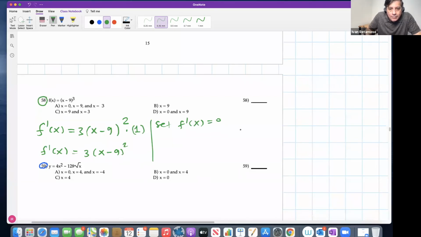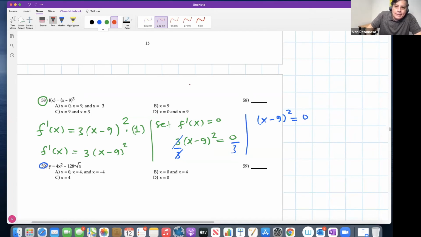When you set your derivative equal to 0, you're going to get this. 3 times x minus 9 squared equals 0. Dividing both sides of this equation by 3, we get that x minus 9 squared equals 0.